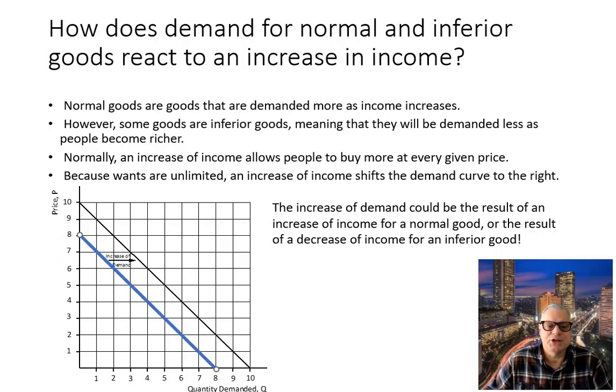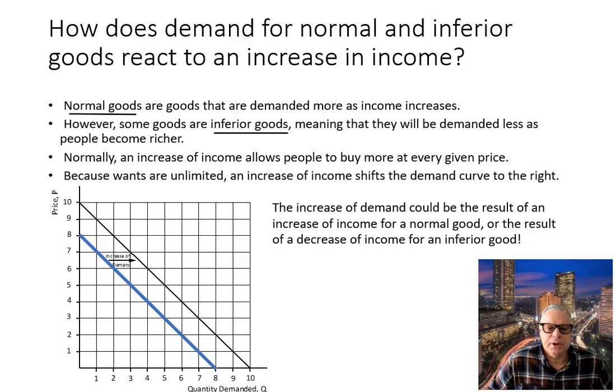And when that is the case, we call that an inferior good. So that's important. A normal good is a good where demand increases as income increases. And an inferior good is a good that you will demand less of when your income goes up. So a normal good would be like a fancy restaurant, and an inferior good would be maybe instant noodles.